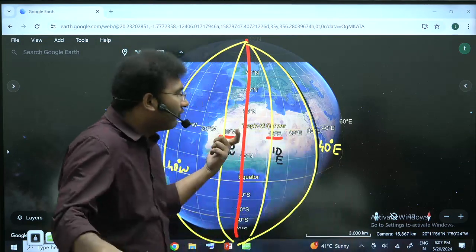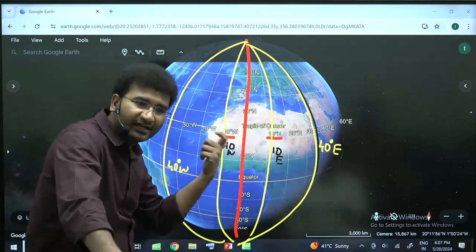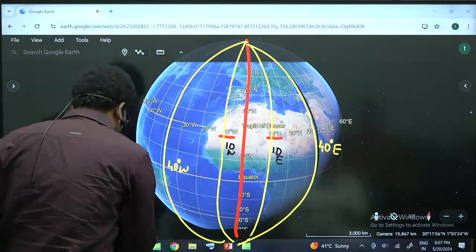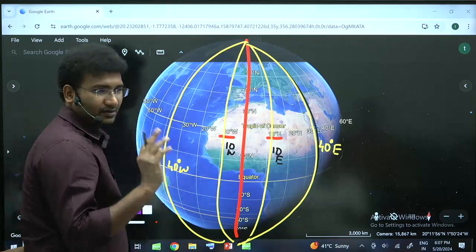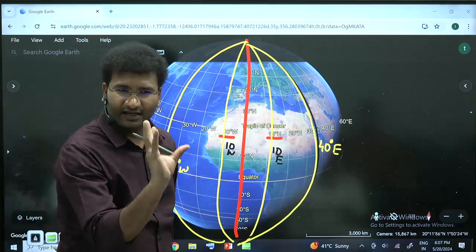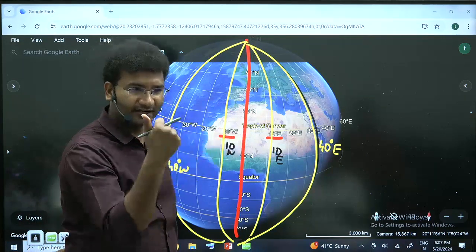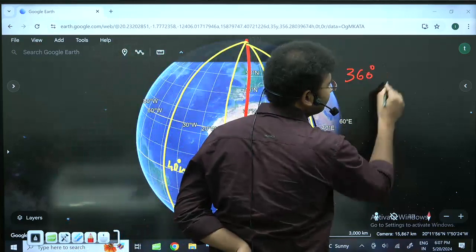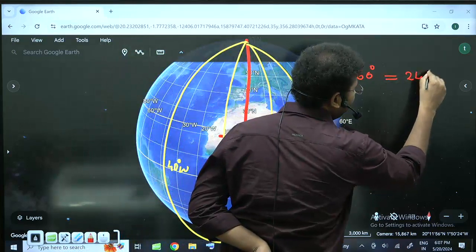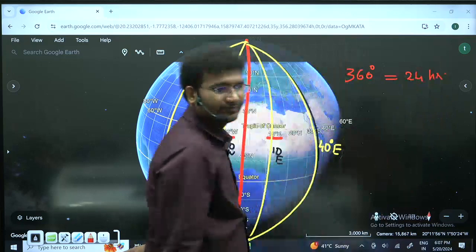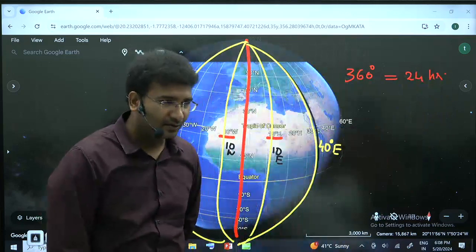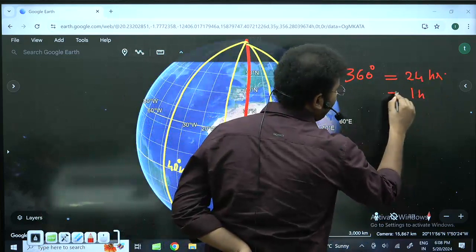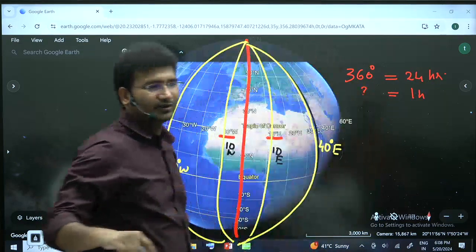Earth is making one full circle in how many minutes or how many hours? ये समझ में आ रहा है क्या सबको? Earth is a circle, more or less spherical. एक फुल सर्किल करने में कितना टाइम ले रहा है? Earth is rotating 360 degrees in how many? 24 hours. Right now, if in 1 hour how many degrees the Earth rotates?